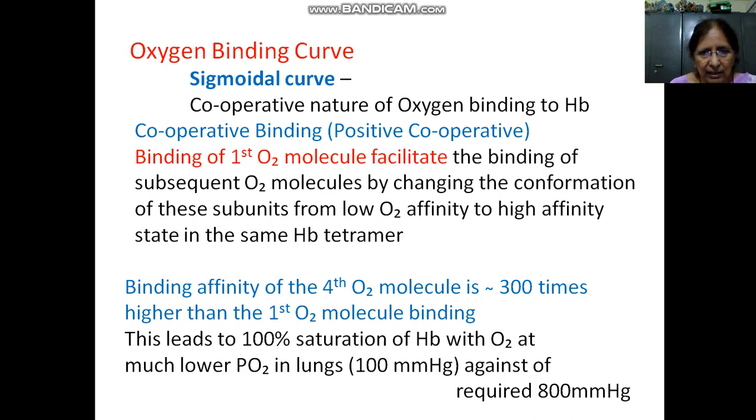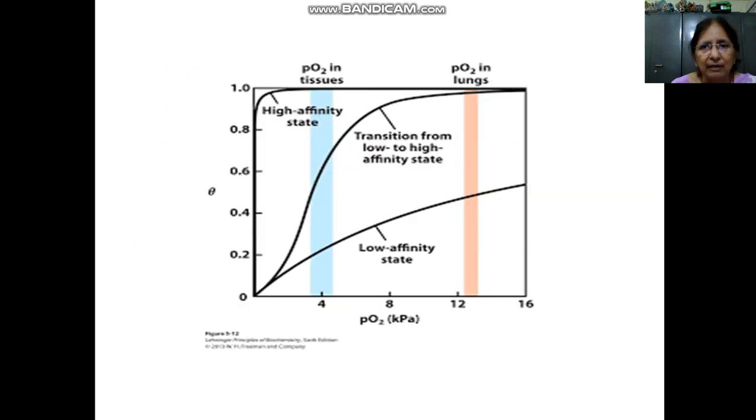You see the binding affinity of the fourth oxygen molecule is more than 300 times that of the first oxygen molecule. And this cooperative binding leads to 100% saturation of hemoglobin with O2 at a much lower partial oxygen pressure in the lungs, that is 100 millimeter of mercury against the required 800 millimeter of mercury.